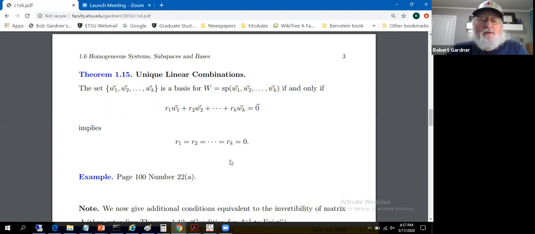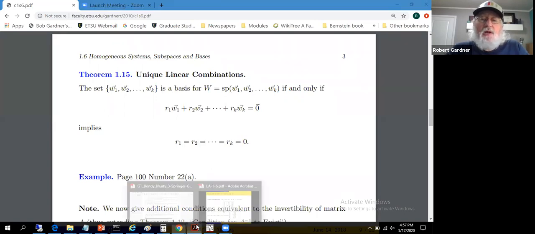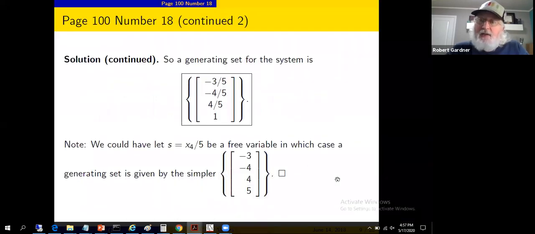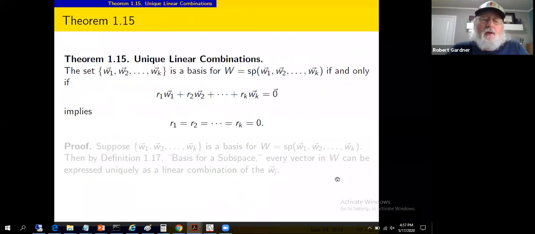Okay, let's go through the proof of that because it's enlightening, it's supposed to be, and it's not hard. So these vectors are a basis for their span if and only if we get this linear combination behavior.